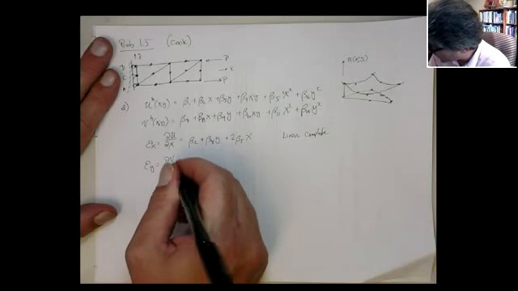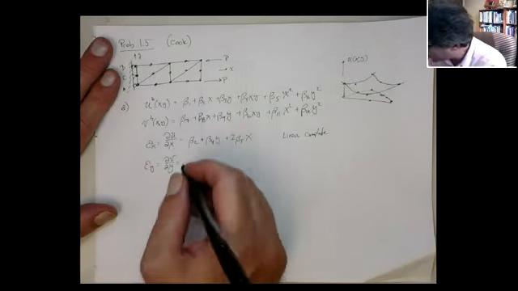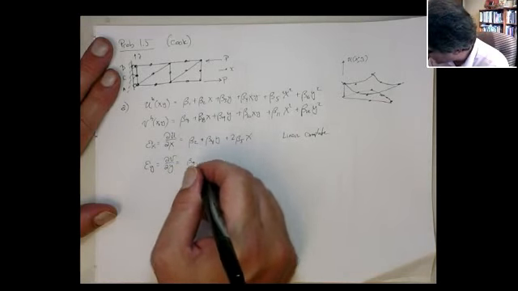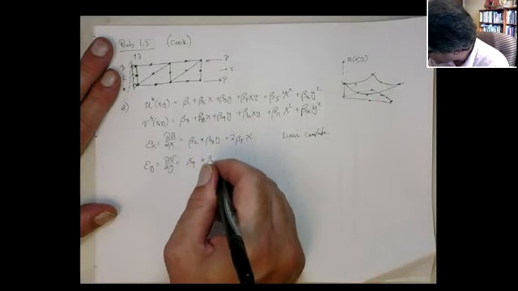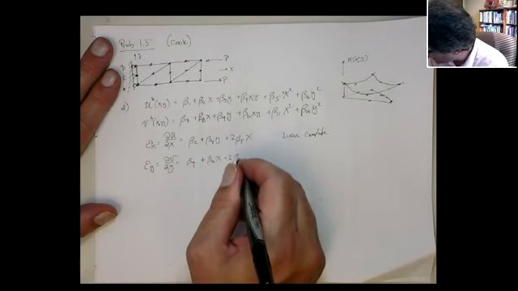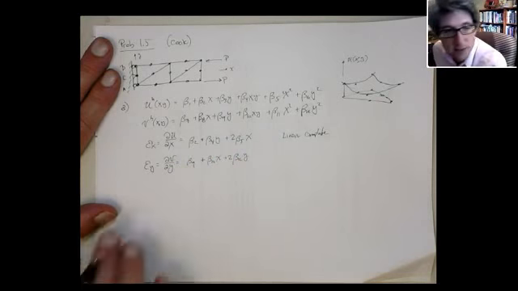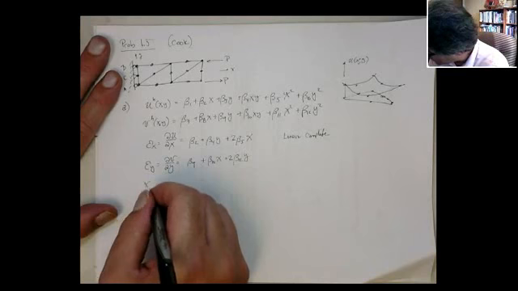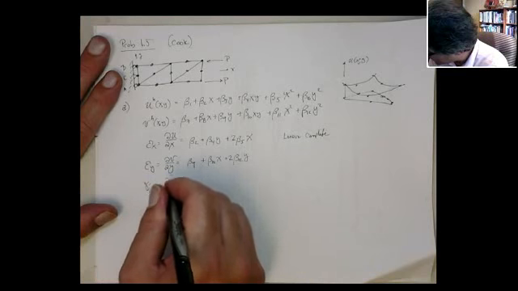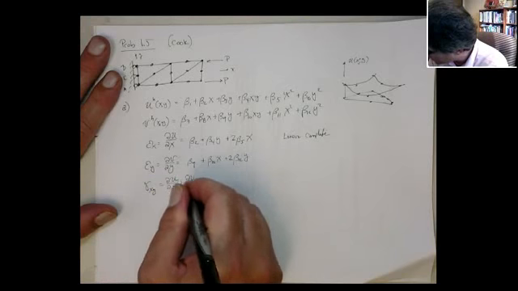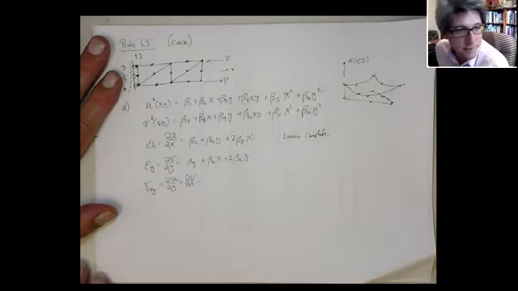We just take the derivative of the y interpolation with respect to y. So that gives me beta 9 plus beta 10 times x plus 2 beta 12 times y. So again, it's linearly complete. And then we can get the shear strain, and that's the partial of u with respect to y plus the partial of v with respect to x.